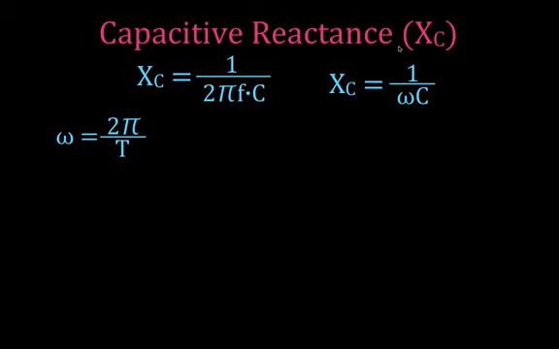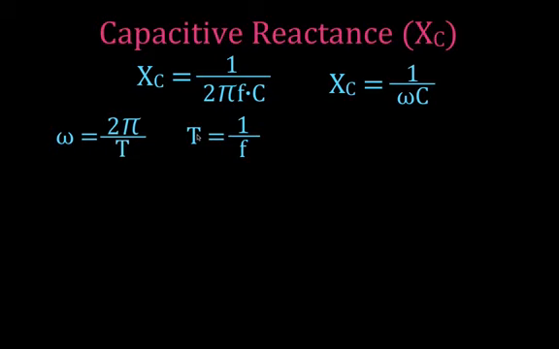It's the angular velocity. Velocity is distance divided by time, angular distance divided by time. And we also remember that the period, which is capital T, is equal to 1 over f, 1 over the frequency. The frequency and the period are inversely proportional.